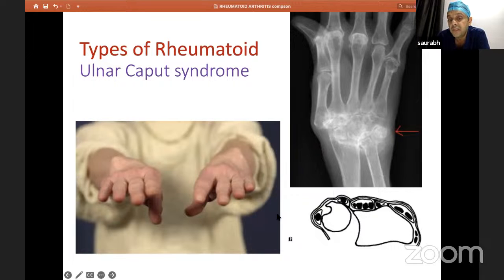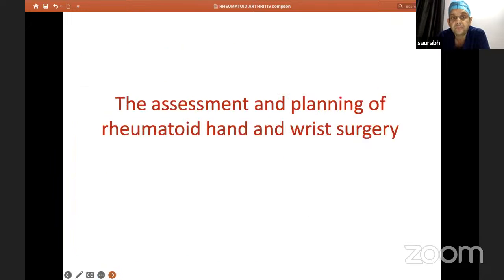As you can see, ECU has come off its groove and is tending to sublux volarwards. And that's why it's the EDM where the problem starts, which is where the rupture starts. So that's caput ulnar. This is how it will look on an X-ray, a very prominent eroded ulnar head. And this is how it looks clinically, a very prominent ulnar head. No surprises, this patient will end up having an EDM rupture at the least.